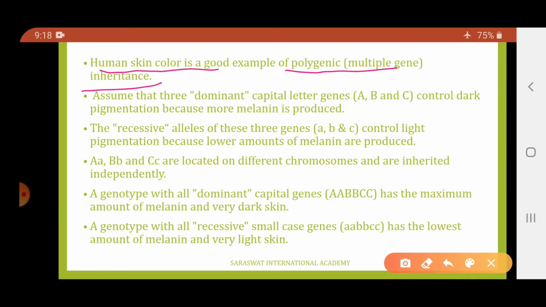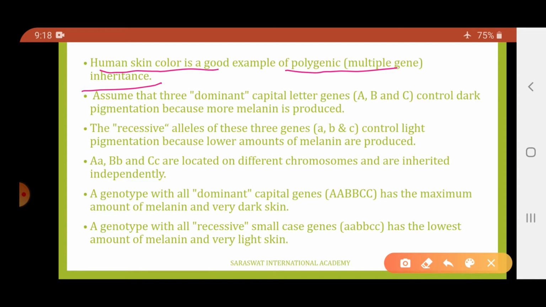Now students, human skin color is controlled by 3 different genes, and these 3 different genes are located on different chromosomes. And as these 3 genes are located on different chromosomes, they are inherited independently, right? We know that those genes which are located on different chromosomes assort independently, according to the law of independent assortment.